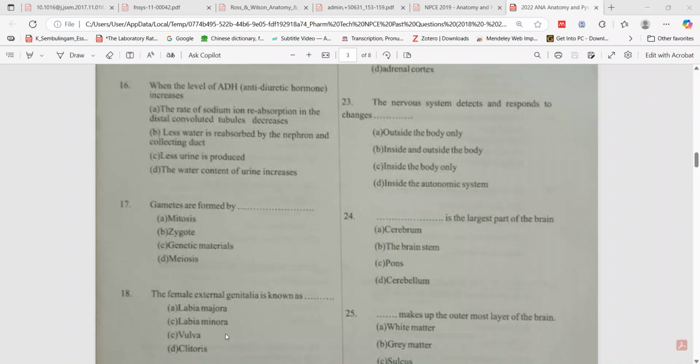Inside and outside the body. Question 24. Dash is the largest part of the brain. The answer is cerebrum.